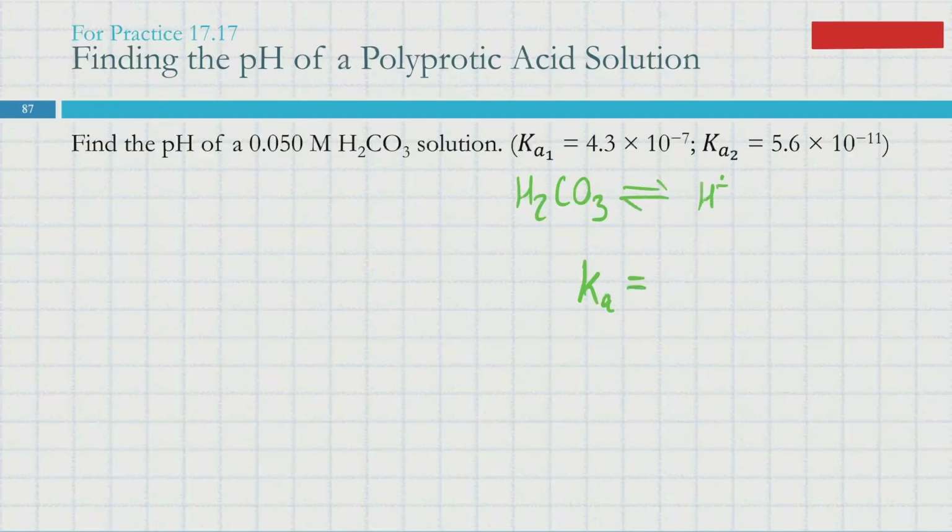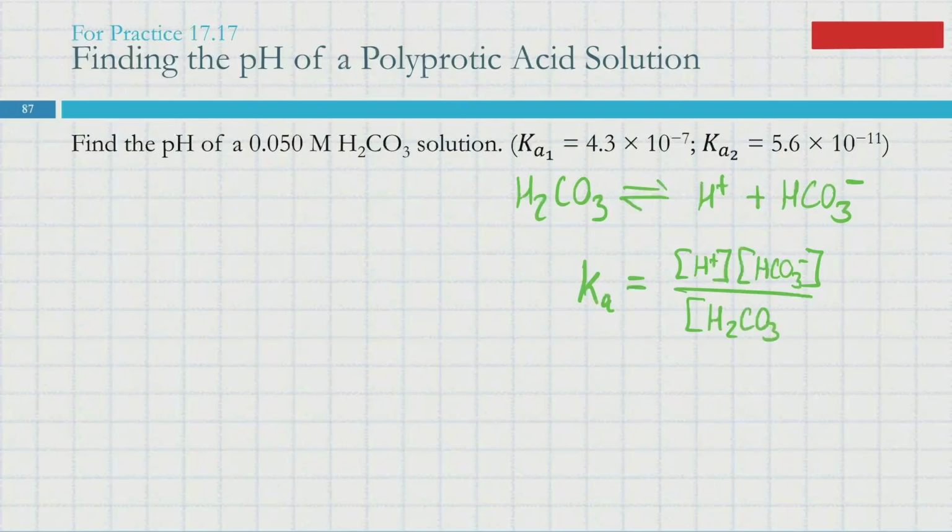So it would look something like this for our dissociation equation. And that's what it looks like pretty much every single time. And so our Ka looks very similar pretty much every single time. We put our products on top, and our concentration of our weak acid down below.